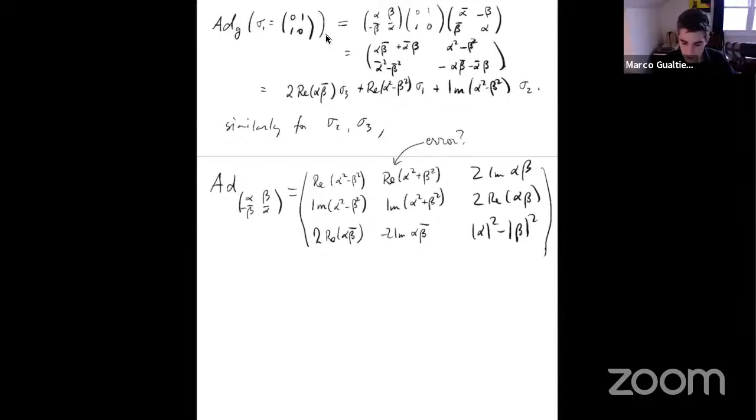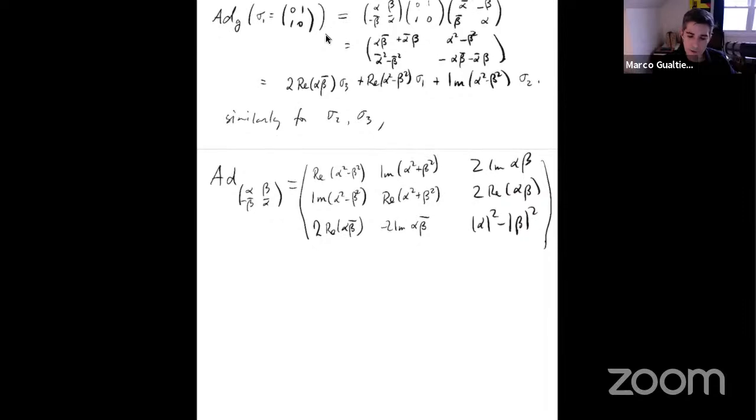Okay, good. Right, I see now. Yeah, I think I switched the order. Thank you. Okay, great. So you can see if you put alpha equals 1 and beta equals 0, only these three will be non-zero and it'll have an identity matrix.